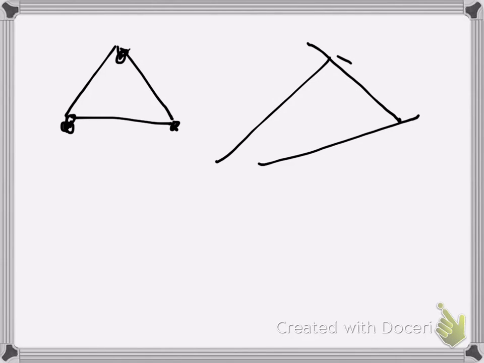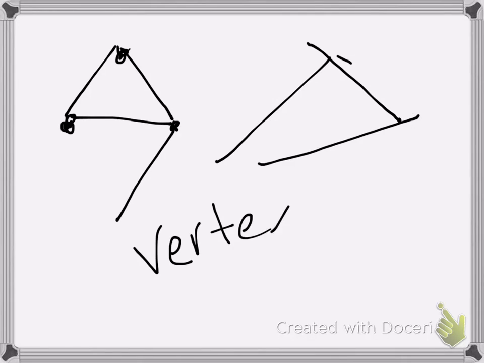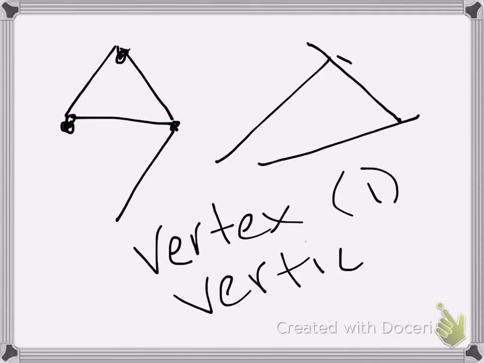The other thing it tells you is that these points where it touches or crosses are called a vertex if there's one of them, or vertices if there are 2 or more.